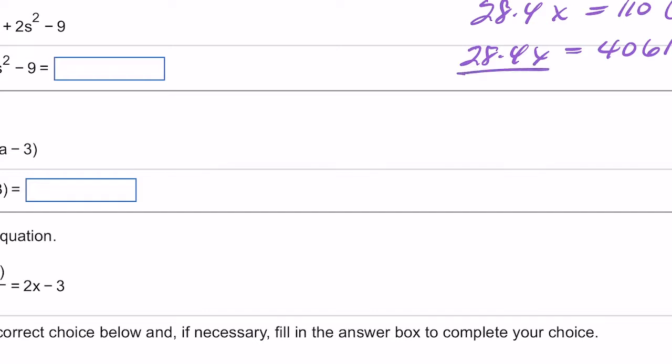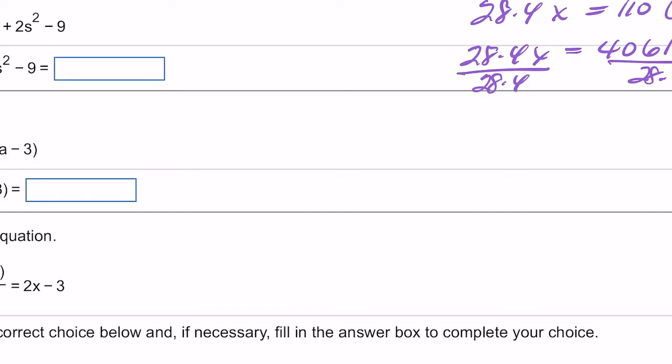And then to get x by itself, I'm just going to divide by 28.4. And 4061.2 divided by 28.4 gives us 143. So that's how many calories are in 36.92 grams of that cereal.